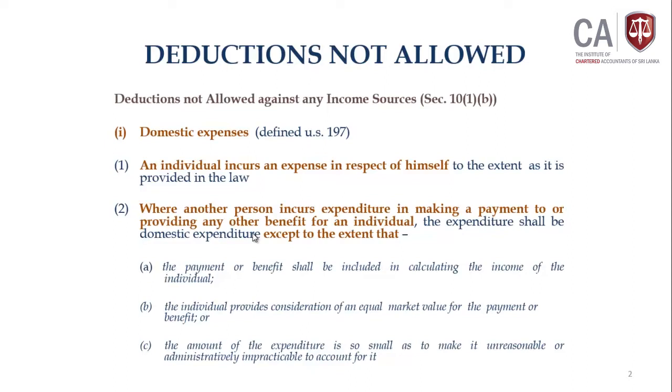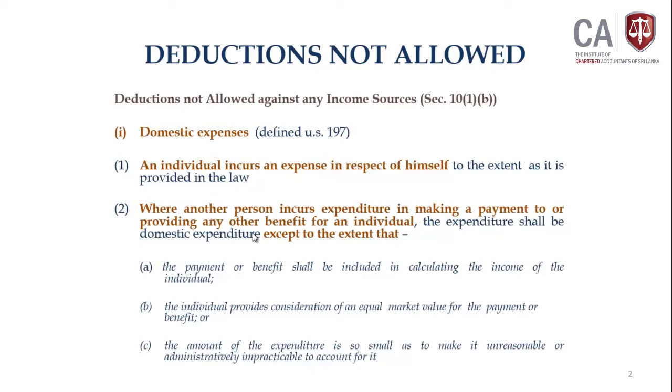And logically there is no revenue loss to the government, no? Why? If the company claims the deduction, the same amount will be taxed in the hands of the individual, so there is no tax benefit or loss to the government. So, that expense may not be a domestic expense.